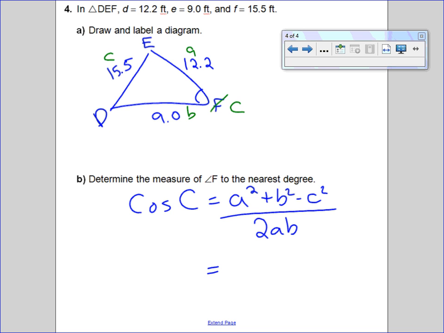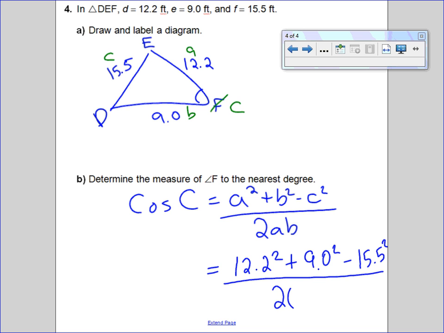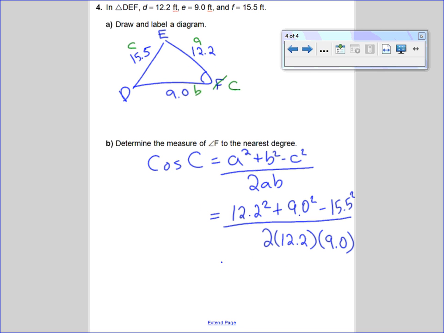So I have 12.2 squared plus 9.0 squared minus 15.5 squared all over 2 times 12.2 times 9.0. Again, I'm going to calculate the top and then the bottom, okay?